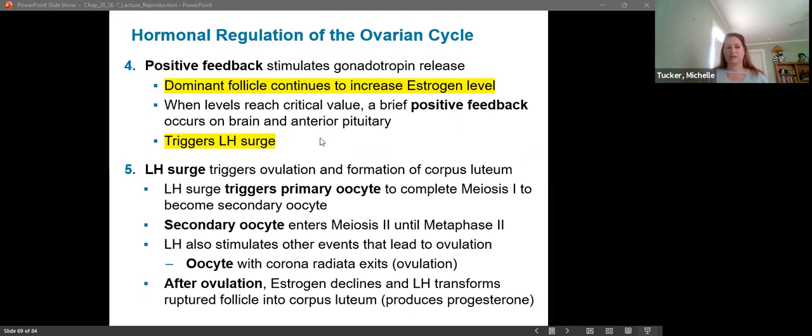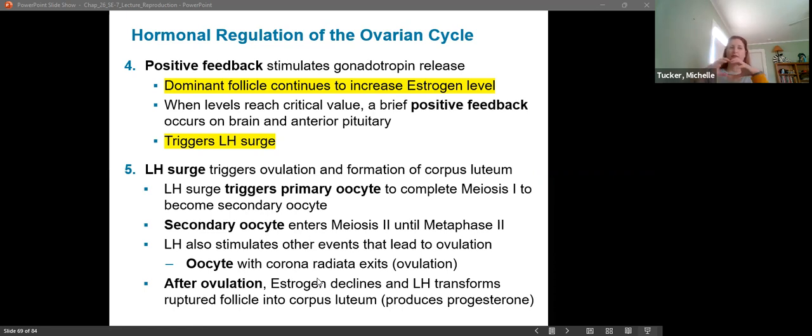The LH surge triggers ovulation and formation of the corpus luteum. It also triggers the primary oocyte to become a secondary oocyte that arrests in metaphase 2. After ovulation, the estrogen declines, and this is because those granulosa cells have ruptured, and in that process, they've become damaged.